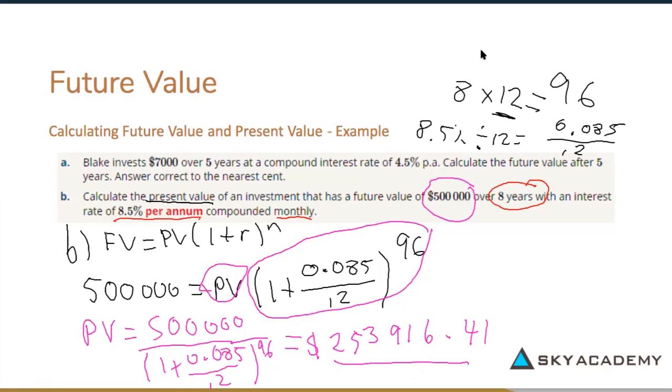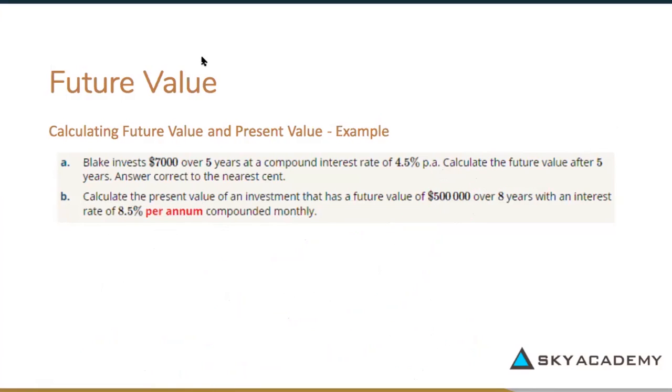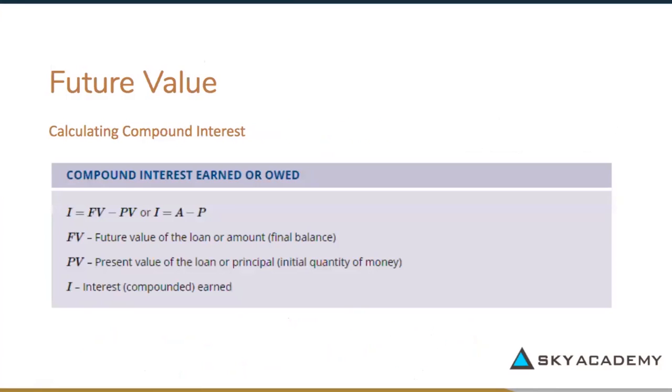All right, let's have a look at our next slide. So now we're just calculating the compound interest. Now the interest is simply the difference between FV and PV.